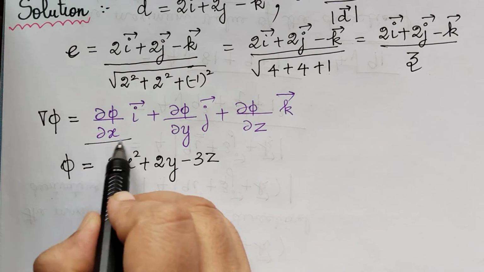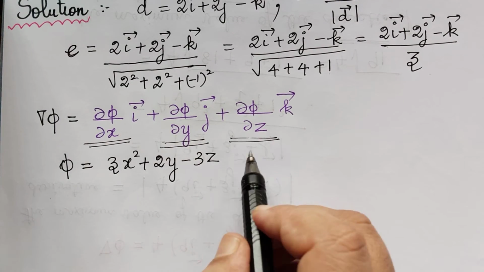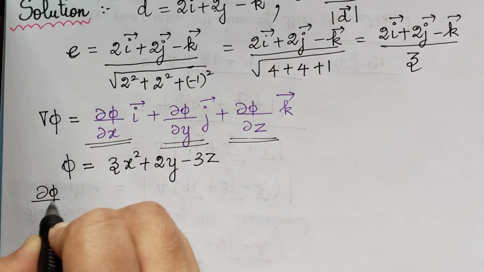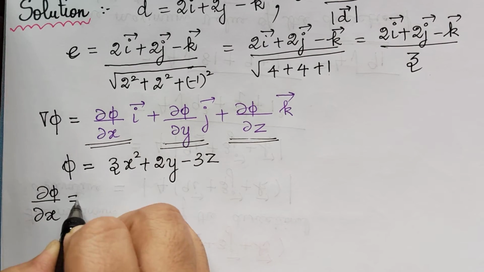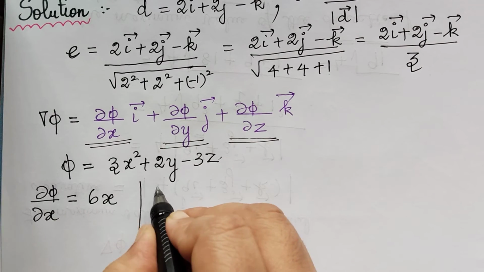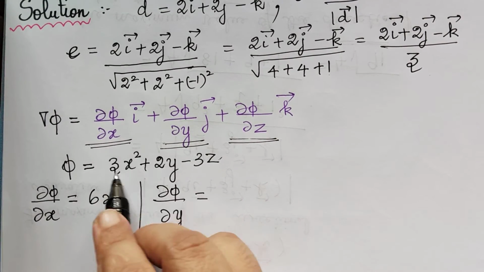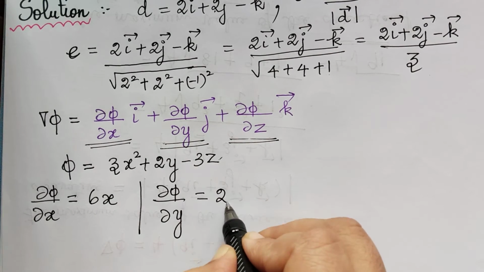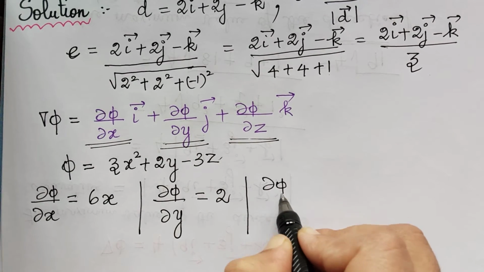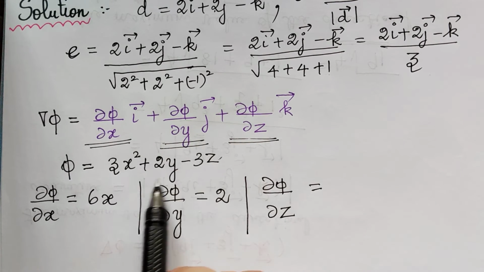Now we shall find dou phi by dou x, dou phi by dou y, and dou phi by dou z. So dou phi by dou x is equal to 3 2 times is 6, so 6x, and these two become 0. Next we have dou phi by dou y, which is equal to, these two terms will become 0 and you will be left with 2 over here. And then dou phi by dou z, partial differentiation with respect to z.